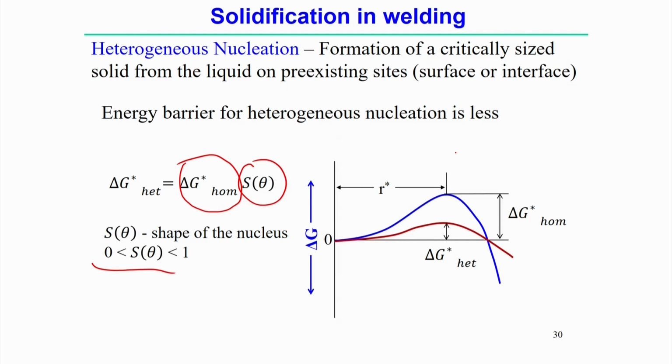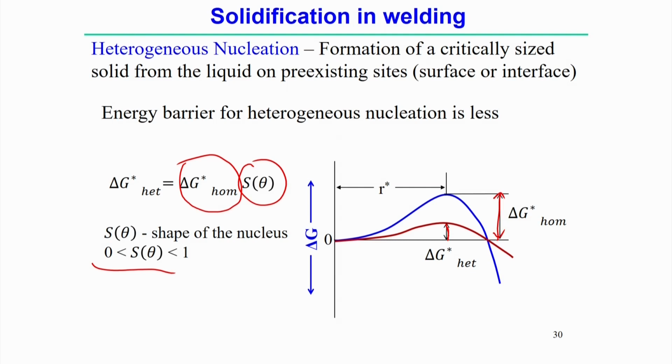We can see that the barrier to start the nucleation process is less in heterogeneous nucleation compared to homogeneous nucleation. This total amount is the critical energy required to start homogeneous nucleation, and only this small amount starts the nucleation process in heterogeneous nucleation.